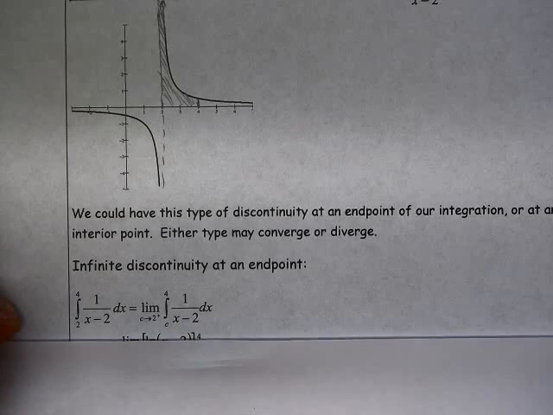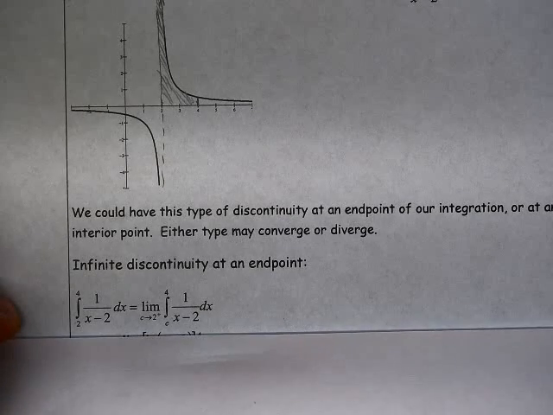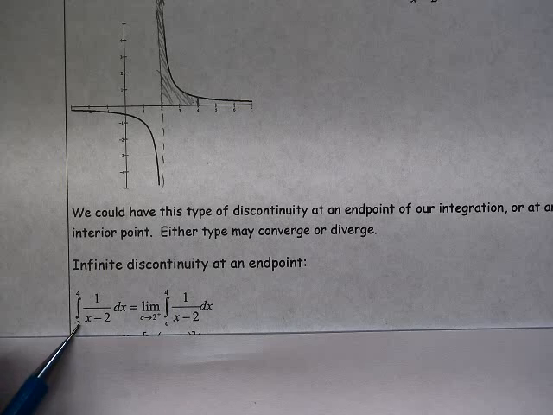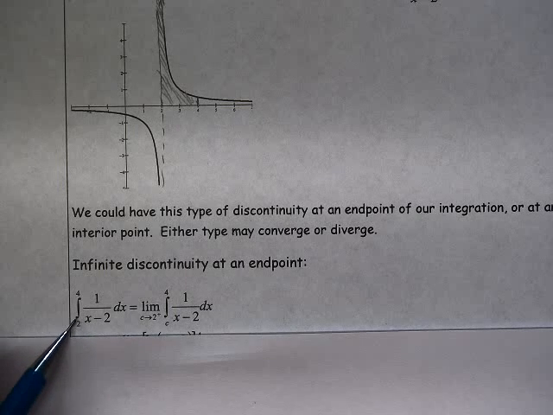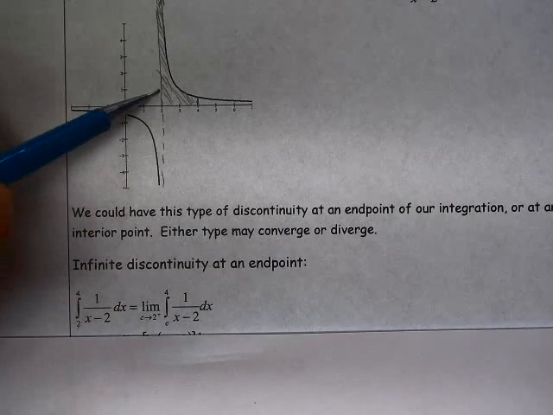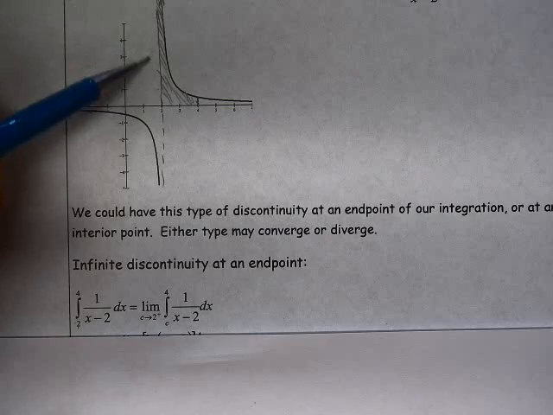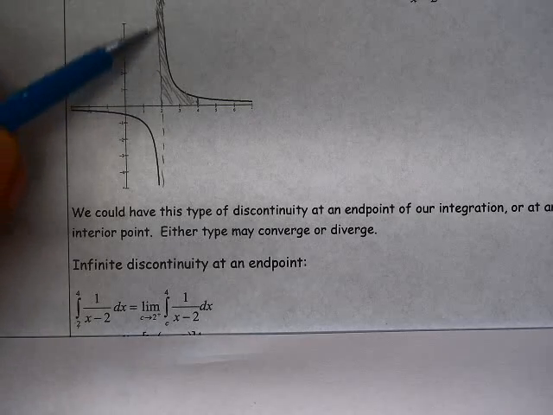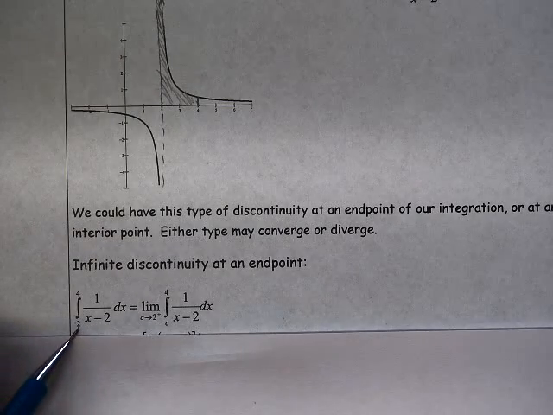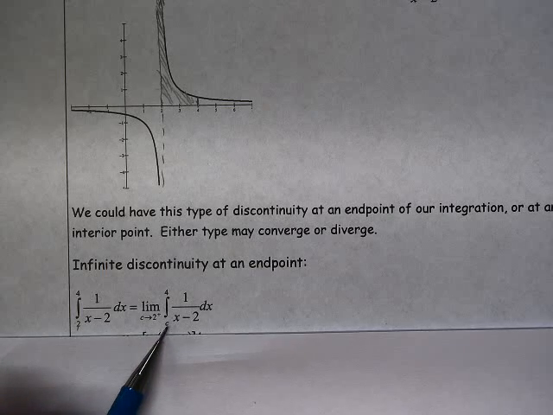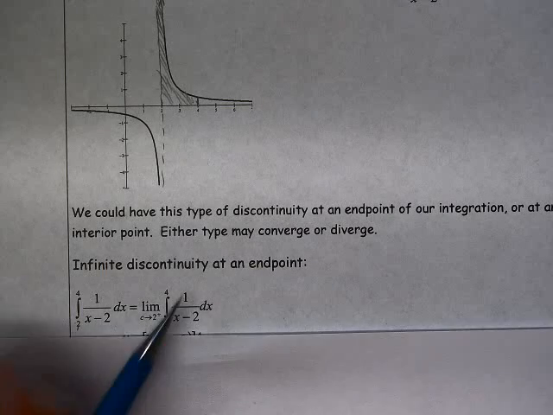So here we are going to replace the value at which my function approaches infinity. So it's the 2 that is our infinite discontinuity here, our vertical asymptote. So we're going to change that limit to some variable. I'm going to use c.